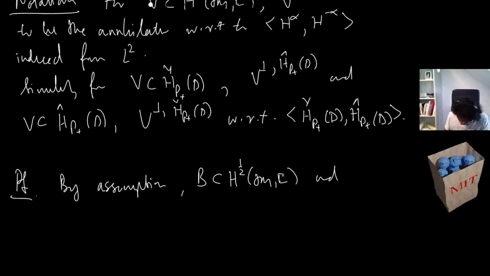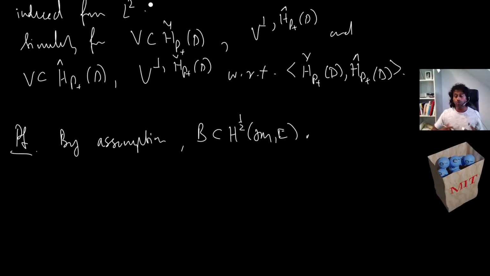So by assumption, we have that B is in H half by assuming the graphical decomposition, right? So what we need to show for the boundary condition to be elliptically regular is that the adjoint boundary condition is in H half. But that's equivalent to saying that the annihilator in the H check space is sitting in H half, right?